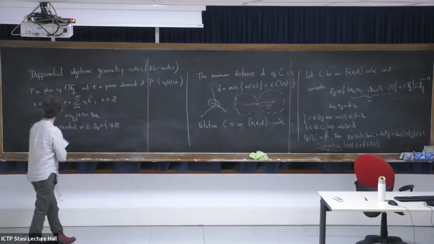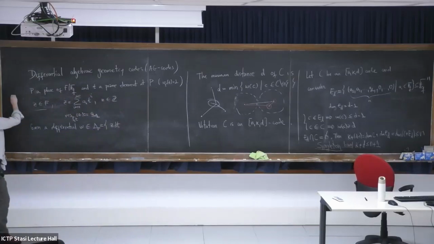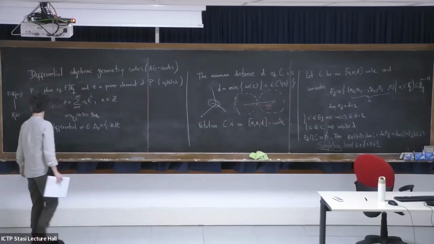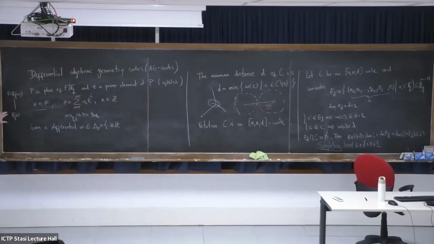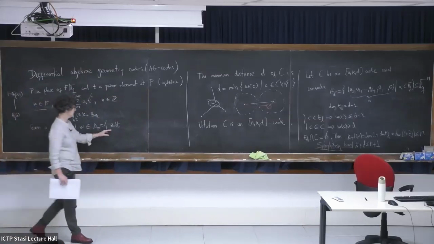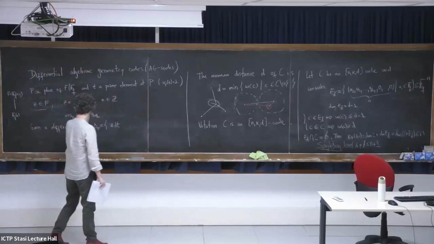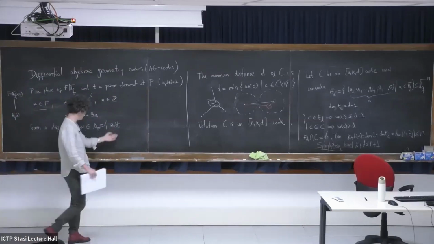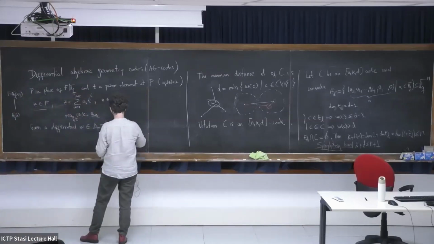So if you have a function field like this, we are taking a prime element at P, but you could take any separating variable of the function field, which can also be used to write this. Because we need to believe that this behaves well: if I change the place, the definition is well defined.